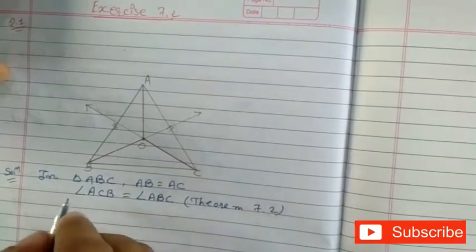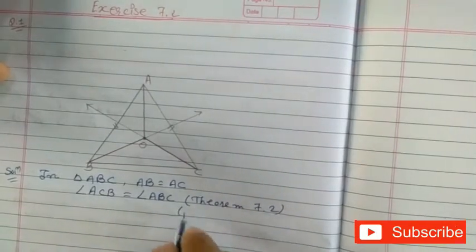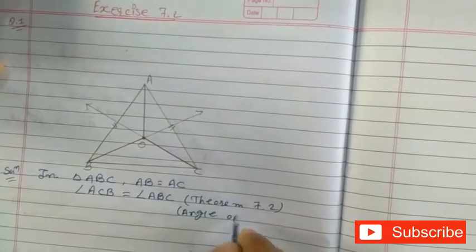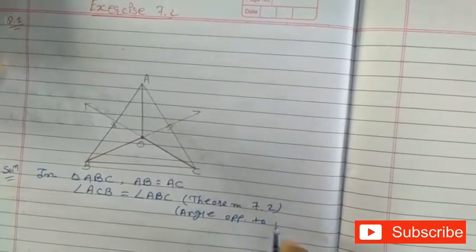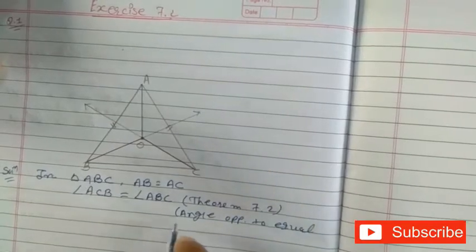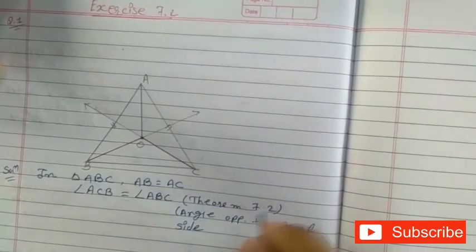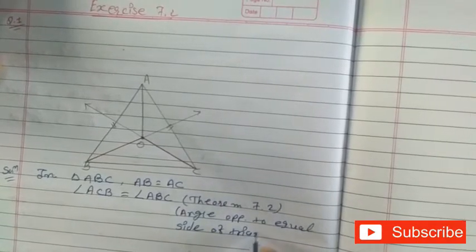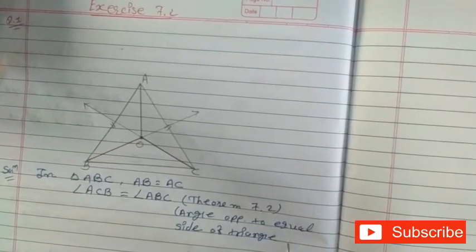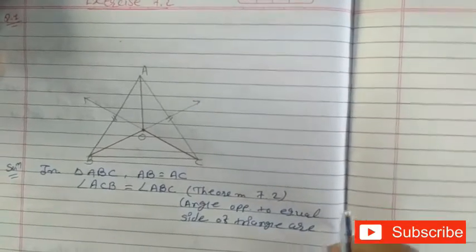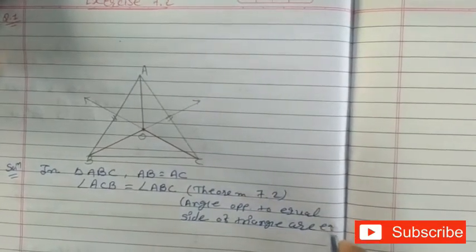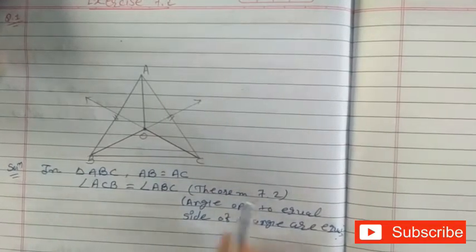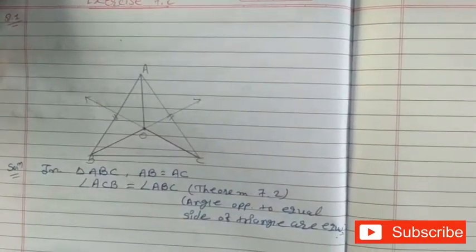Am I right? Which statement I would like to write here: angles opposite to two equal sides of a triangle are equal. This is the statement of our theorem number 7.2.